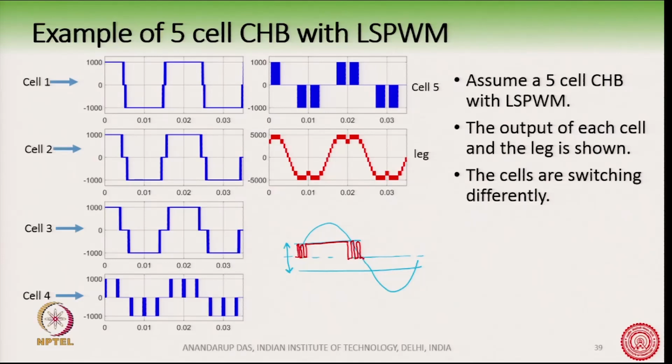Similarly, at the negative side it will be like this and then fully like this, and then it will do the switching here. This is what this waveform is. You can see this is the switching area and then it is clamped, cell 1 is clamped, and then again the switching, same like this here.